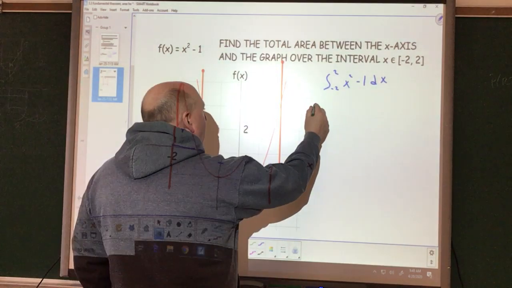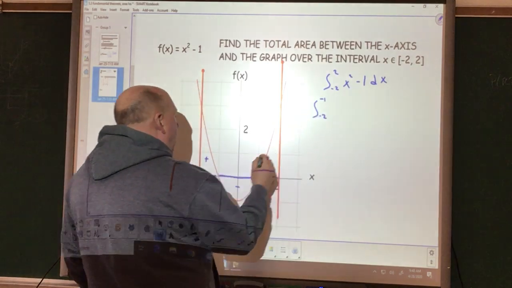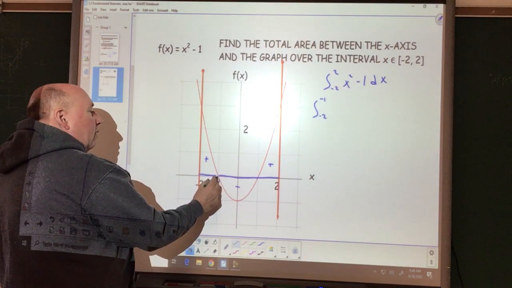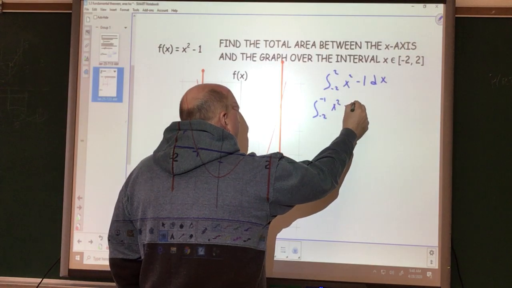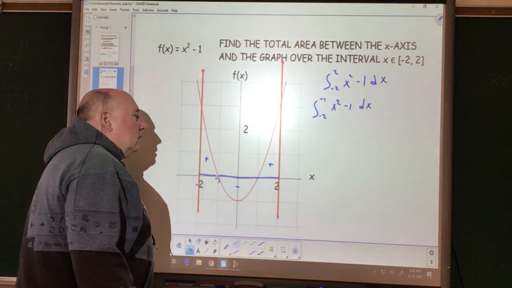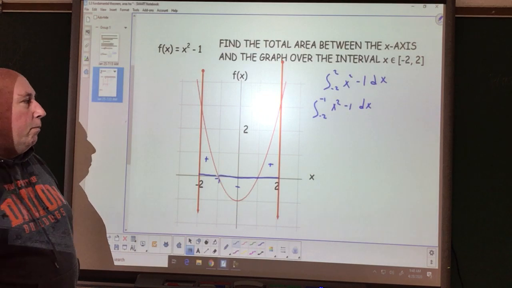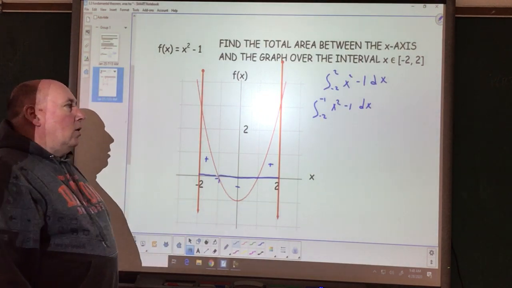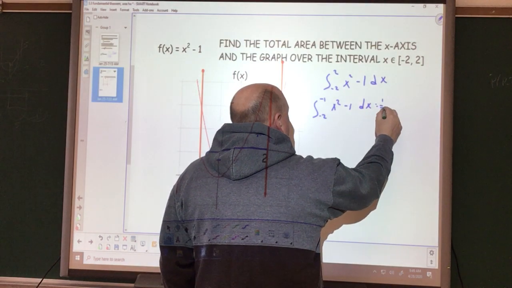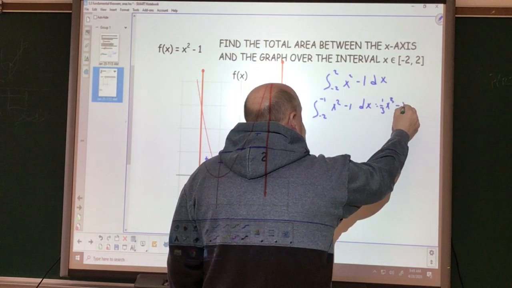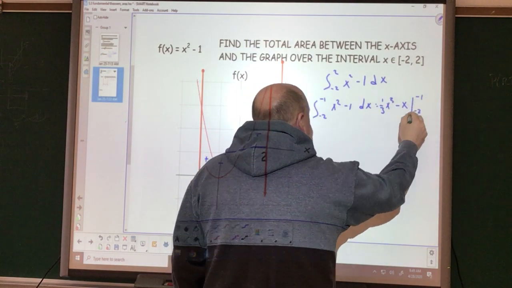I need the integral from -2 to -1, because this is my value -1 here. This is positive, of x squared minus 1 dx. Which is 1/3 x cubed minus x from -2 to -1.